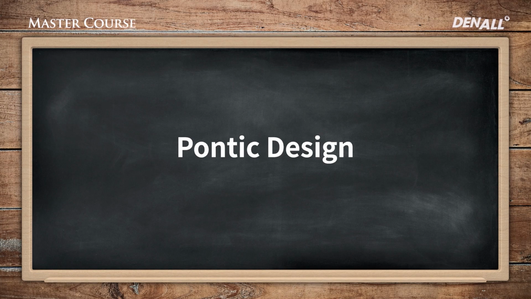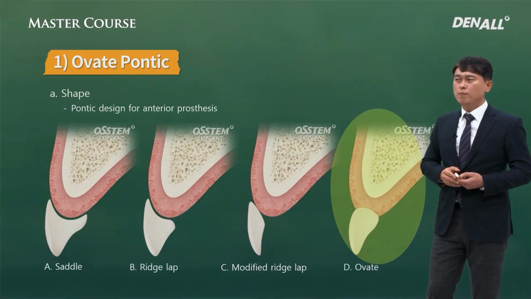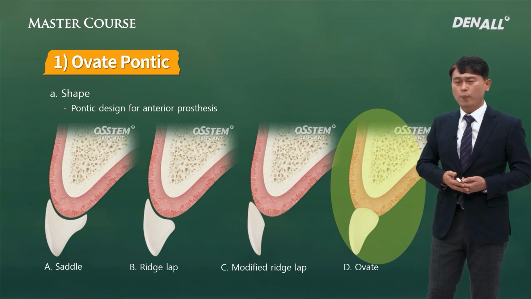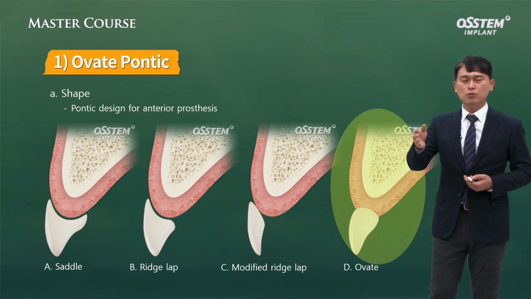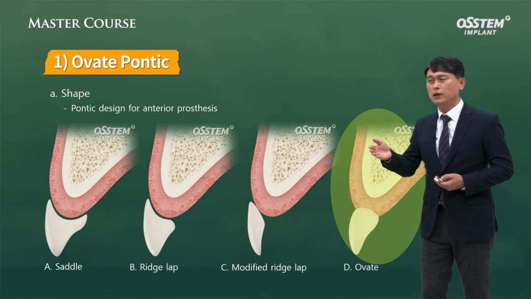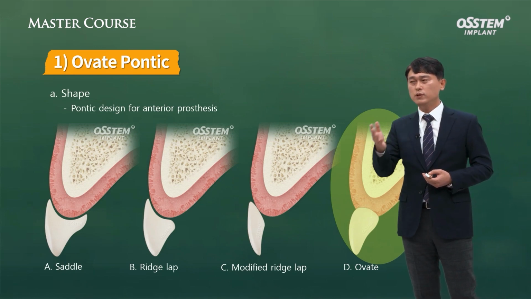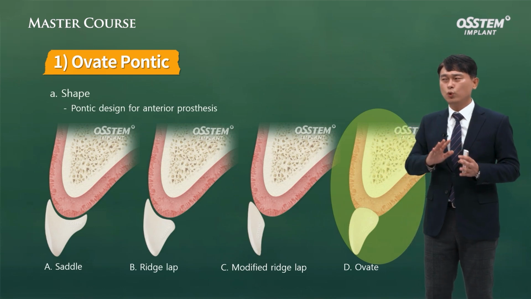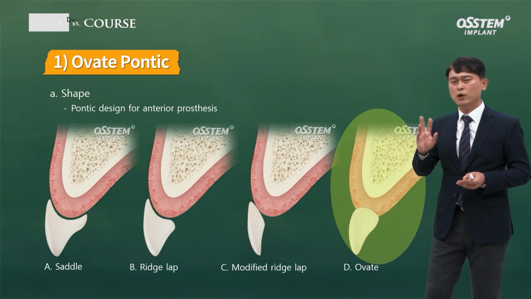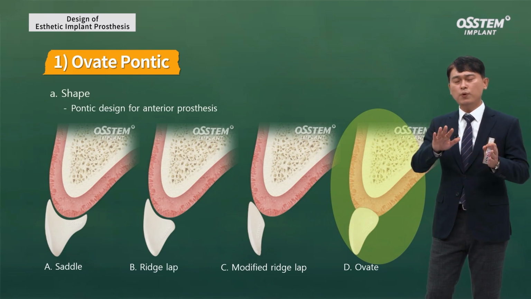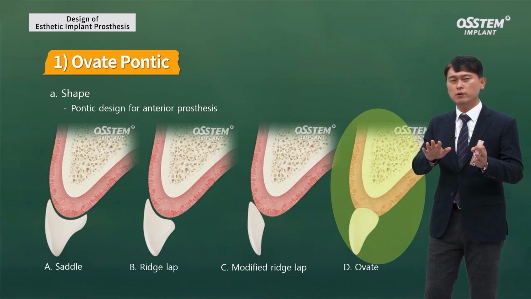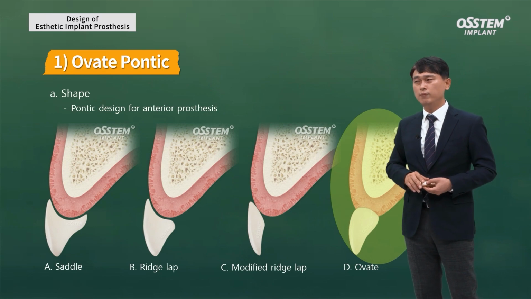To adjust the contact point, consider the pontic design. The best one is the ovate pontic in terms of cleaning. You cannot use dental floss if it is a saddle type, so it is very hard to clean. Next, the ridge lap or the modified ridge lap was designed for cleaning, but as the prosthesis covers the gum a little bit, it is not really favorable.